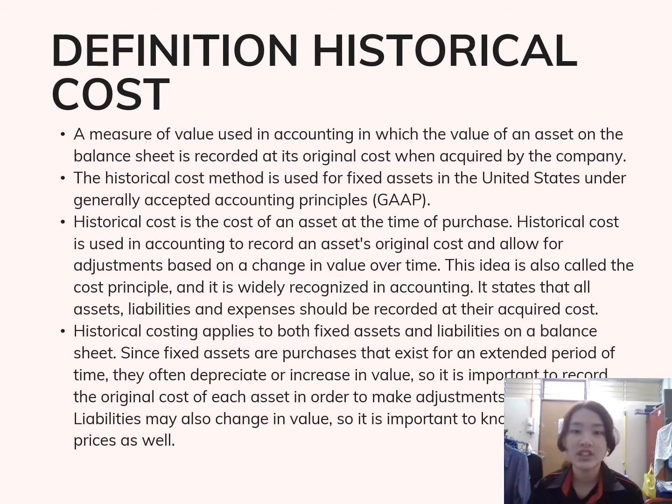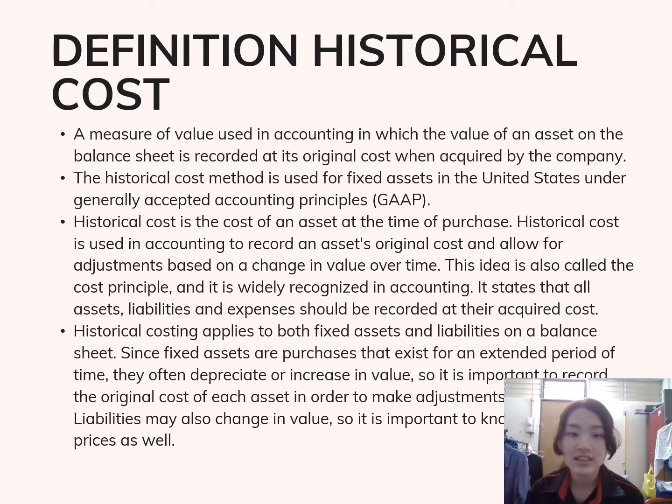The definition of historical cost is a measure of value used in accounting in which the value of an asset on the balance sheet is recorded at its original cost when acquired by the company. The historical cost method is used for fixed assets in the United States under generally accepted accounting principles.